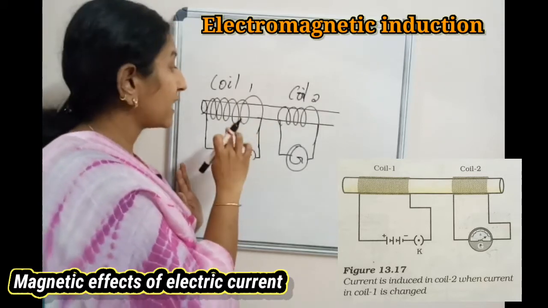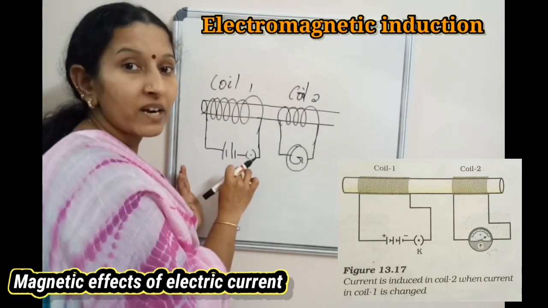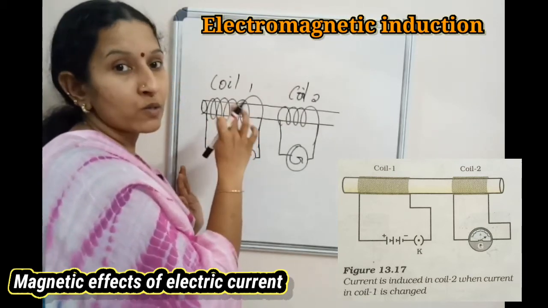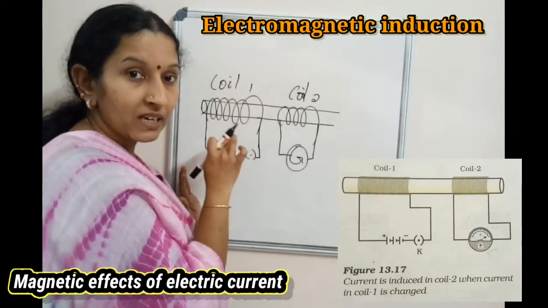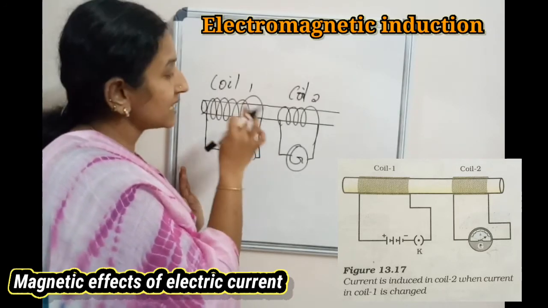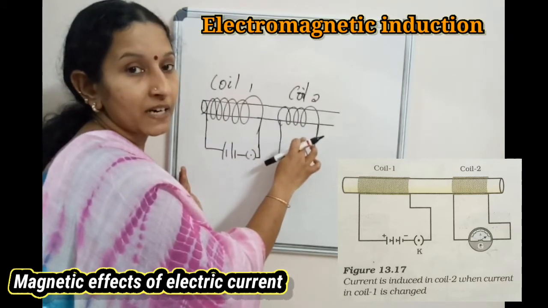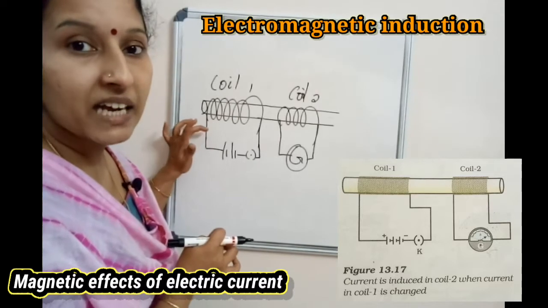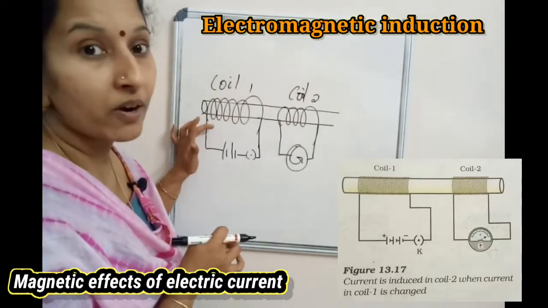So when the current in the coil 1 changes, the magnetic field around the coil 1 also changes.